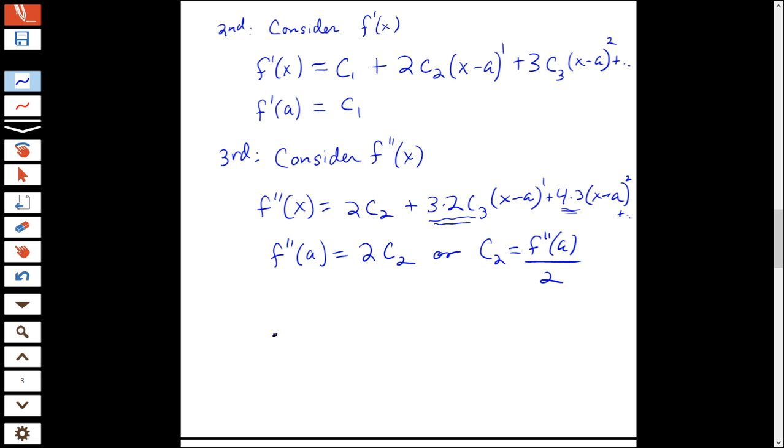So it appears to me that the nth coefficient is going to be equal to the nth derivative at a divided by n factorial. Either 3 times 2 or 3 times 2 times 1 or so on.